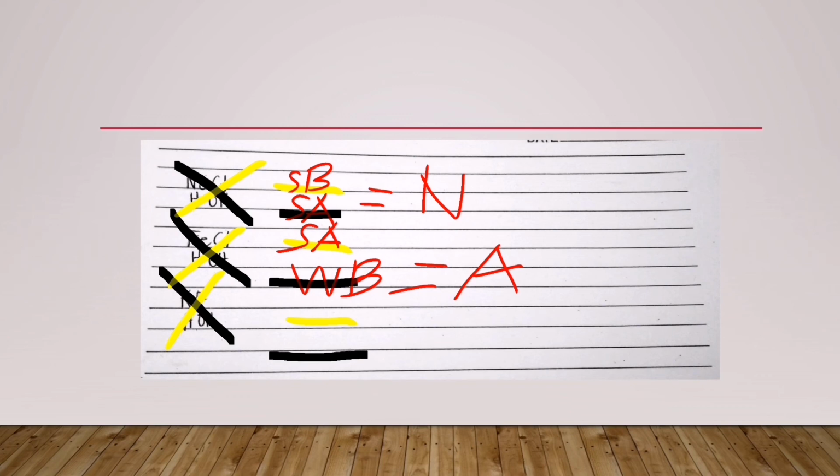So in the third one, we have here a weak acid, which is the hydrogen fluoride, and a strong base, which is the potassium hydroxide.